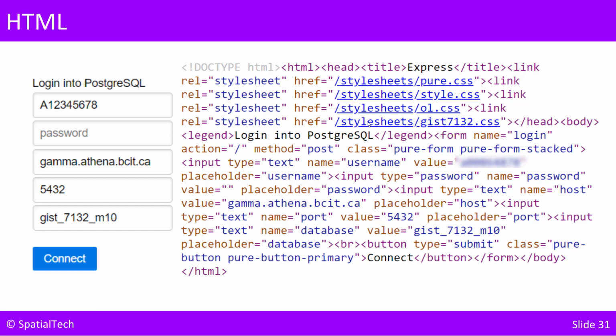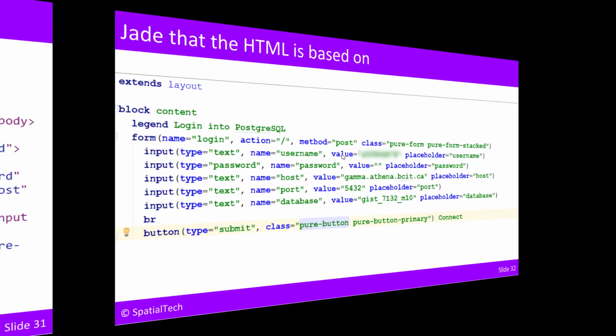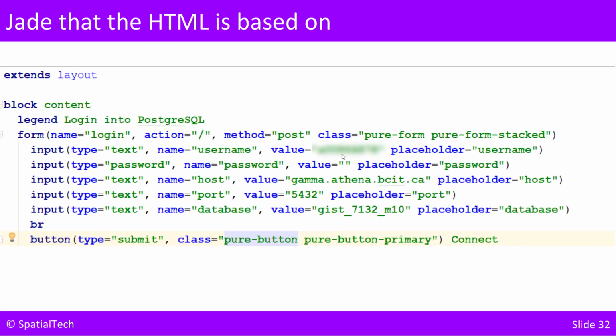The reality is we have some HTML, but notice that near the top the HTML is referencing style sheets in cascading style sheet language, which is in another language. So there's lots of angle brackets in here, and lots of quotes, right, double quotes and that sort of thing. But then in the Jade world, this is what it looked like in Jade.